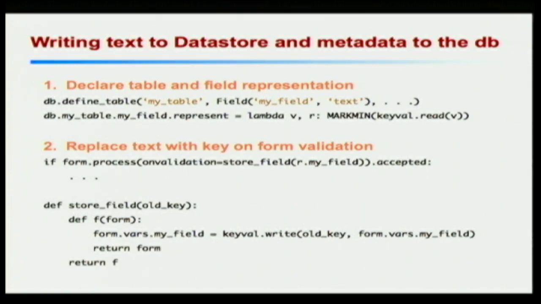So basically, that single line, which is the only important line there, is replacing the text with the key that results from writing the text to the Datastore. And so this is just an example, right? But I can do all these representation things that keep my data organized in what I think is a fairly cute and very scalable way. And still my overhead is essentially minimal. Very, very few lines of code are needed in order to organize the data in this fashion.